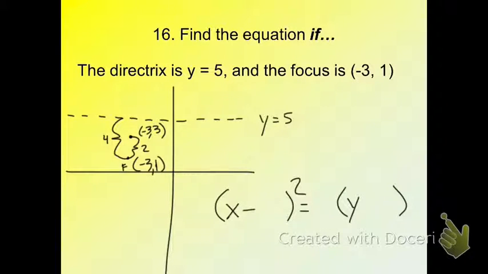So my x value is -3. My y value is +3. It's opening down, so it's negative. 2 times 4 is 8.